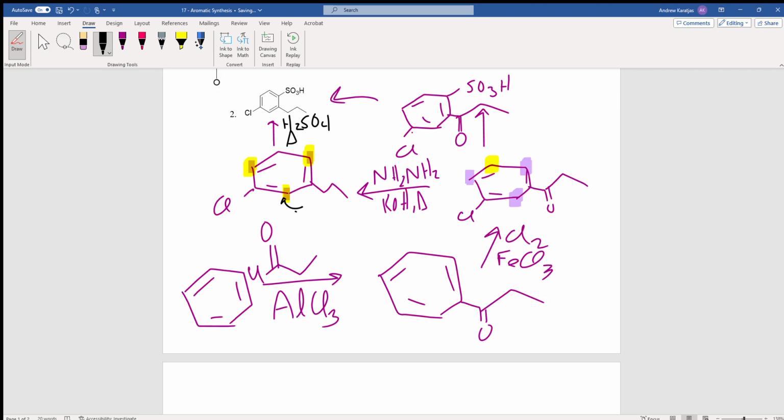But it is true that the sulfonylation will probably give us a mixture of substitution at those two carbons. In some cases with aromatic substitutions, that's the best we're going to be able to do, is to assume we're going to get a mixture, and then once the reaction's done, we'd have to try and separate it. But that will at least get us some of our starting material converted to the desired product here.